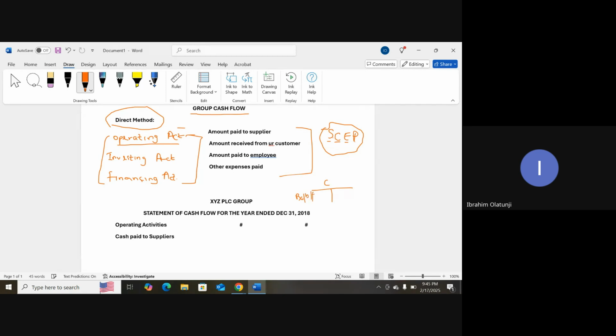And for this balance brought forward, you go to your balance sheet and check your trade receivable. You put the opening balance of trade receivable, then you come to the credit side and put balance carried down, the closing balance of trade receivable.